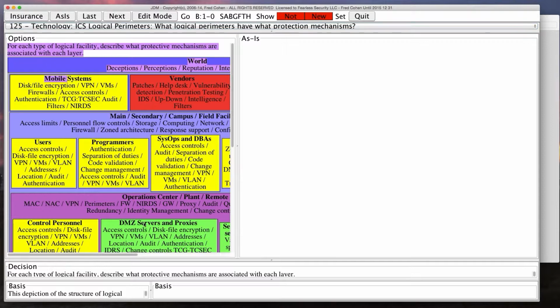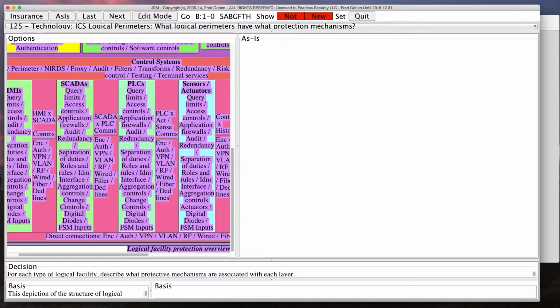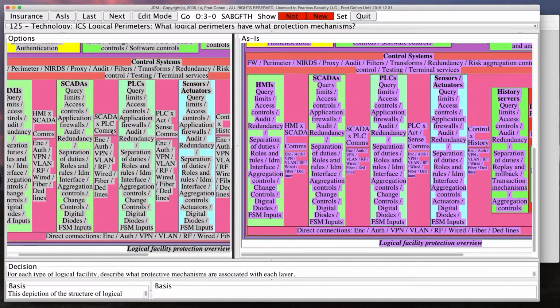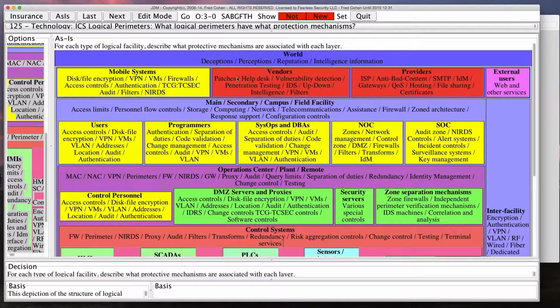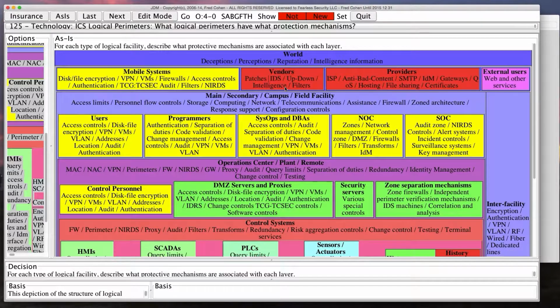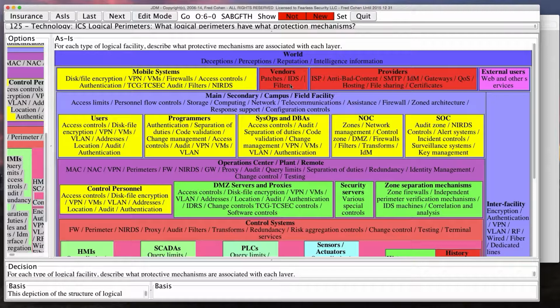So the way the tool works, we typically make a copy of the relevant overall structures, and we identify what you have. So for example, if you have vendors for patching, intrusion detection, and filters, antivirus and such, then we'll remove the other elements.